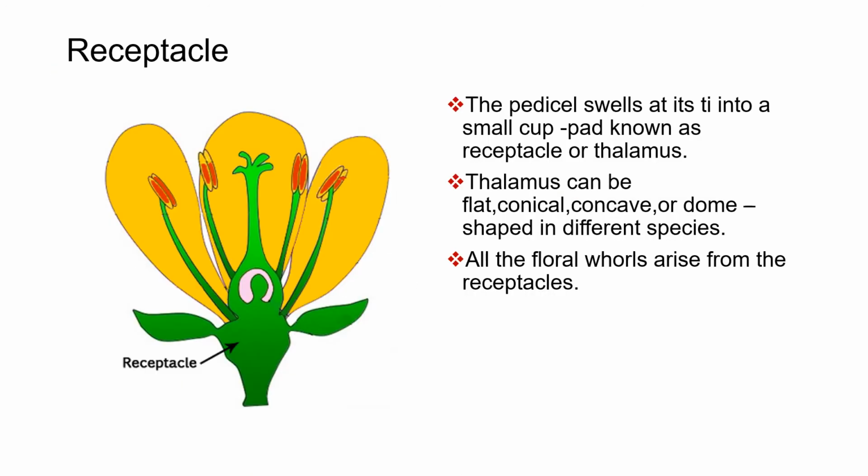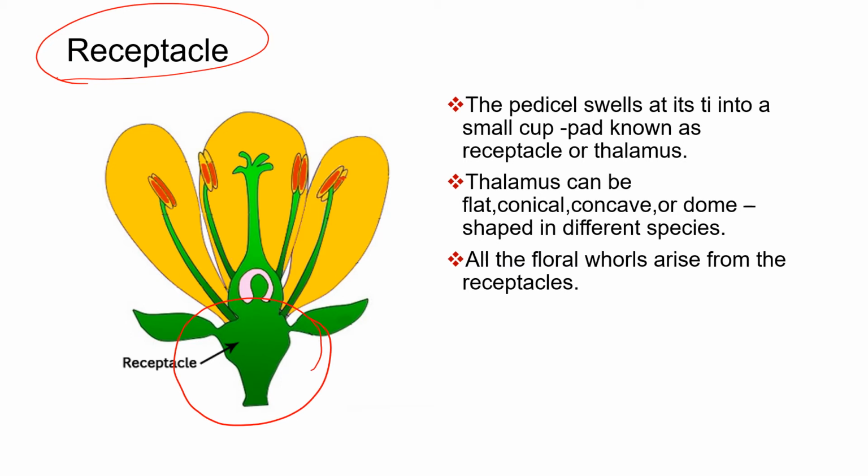Now next we are going to discuss the receptacle. These are the new terms you are getting to know from this lesson. First we discussed the pedicel, then the bract, and now we have come to the receptacle. So what is a receptacle? Here in the diagram you see the swollen part.